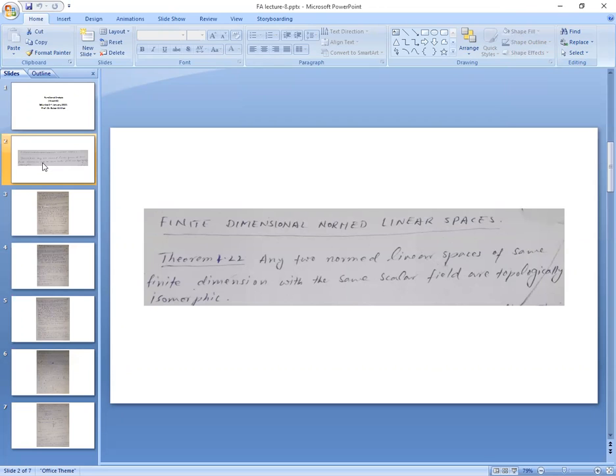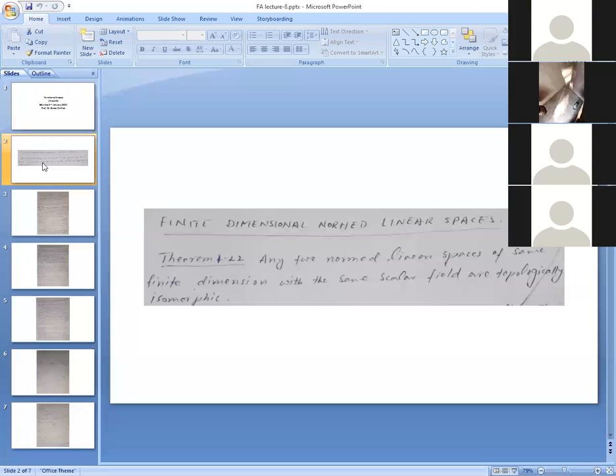It means that if we consider two spaces X and Y of the same finite dimension with the same scalar field, then there exists a topological isomorphism from X onto Y.